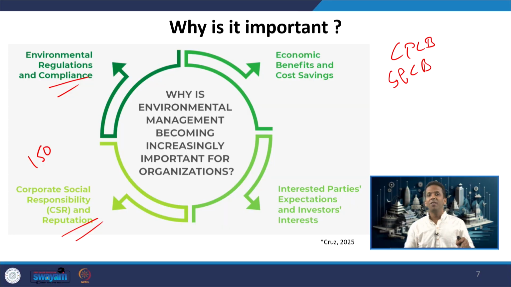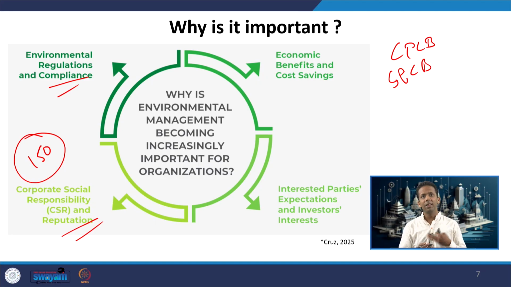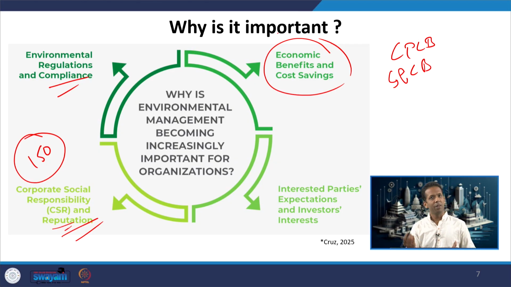So, as a part of CSR, corporate social responsibility, every profit making company needs to contribute something towards society. That part can also be contributed to environment, and having these kinds of certifications or eco-friendly labels or organic labels helps build their reputation and trust among customers, which will result in economic benefits and some cost savings also.